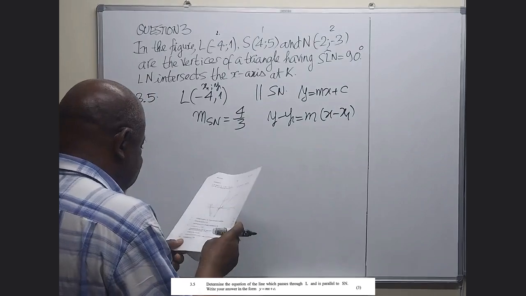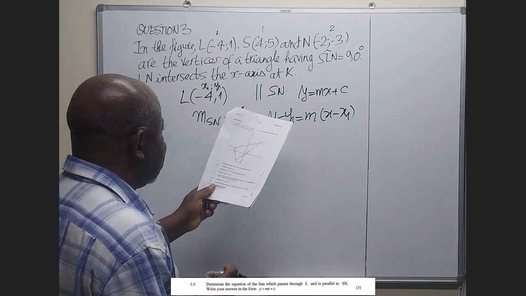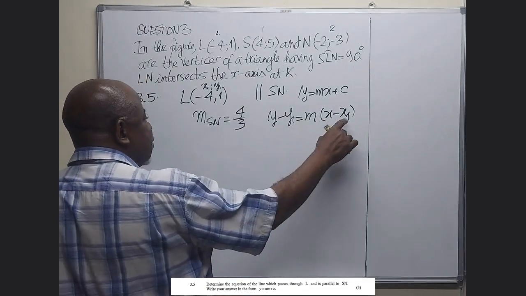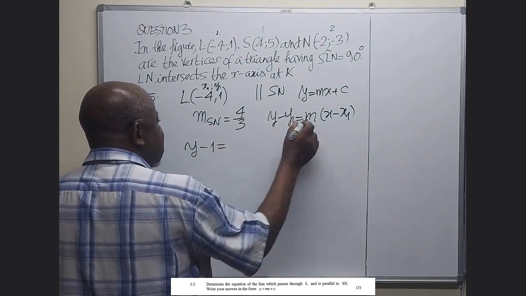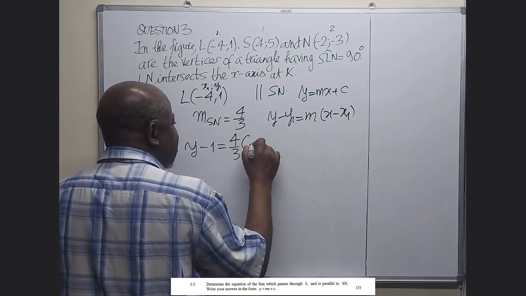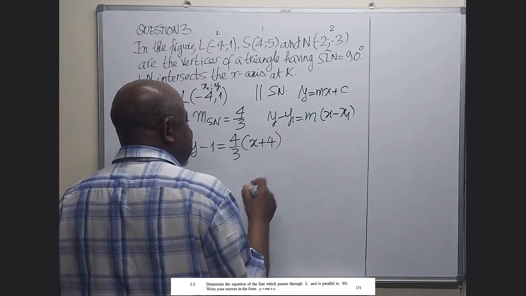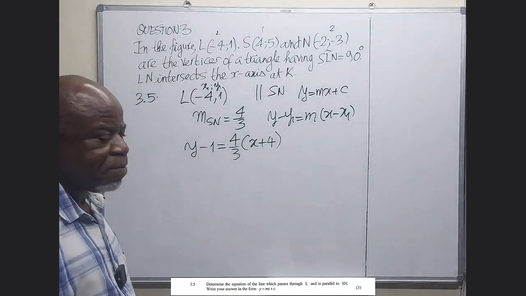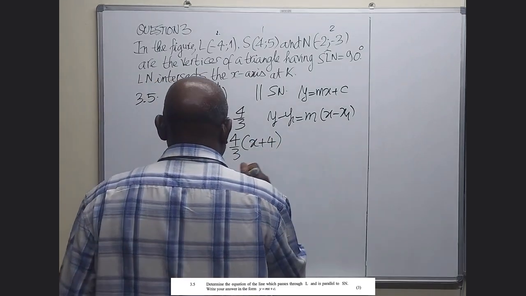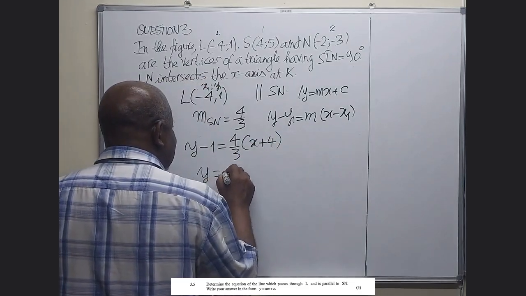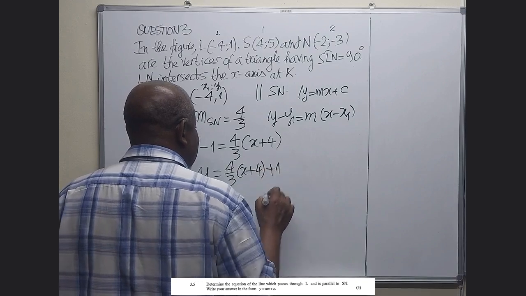So to get the equation of the line which is going to pass through L and be parallel to SN, we will consider this equation. Y minus y1, which is 1, will be equal to 4 over 3 times x minus x1. Our x1 is negative 4, so it's going to be plus 4. So let's write this equation like this: y will be equal to 4 over 3 x plus 4 plus 1.